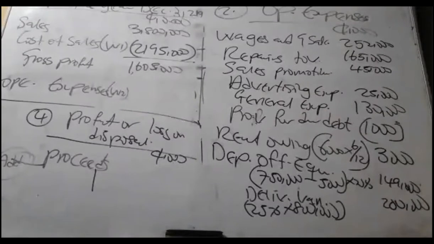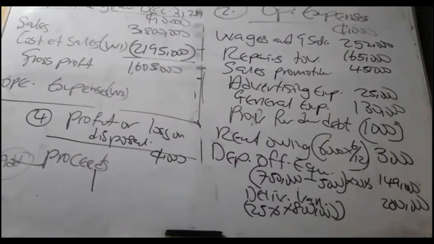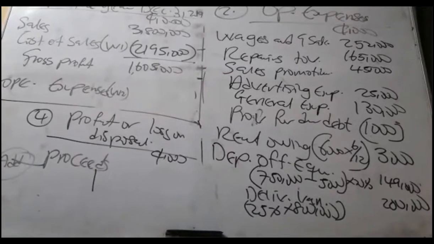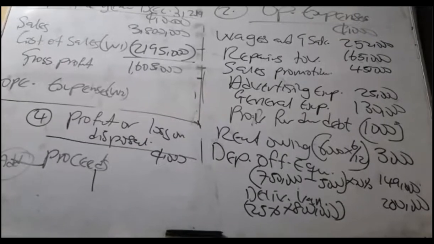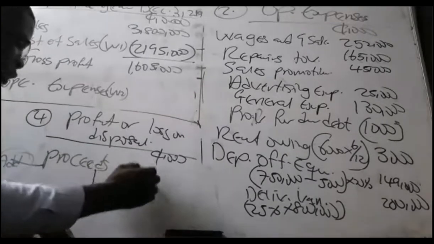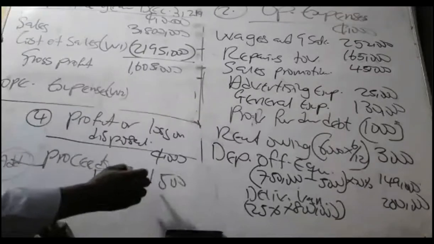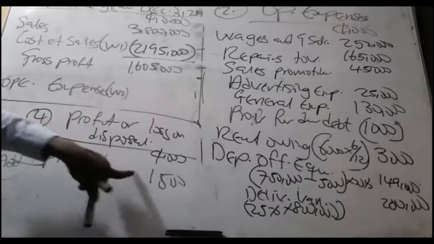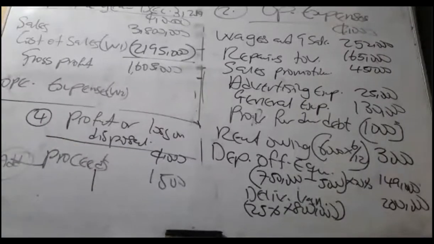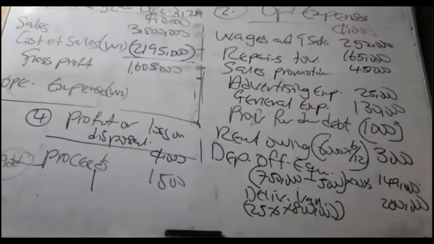Write there cash and go to the trial balance and pick the cash balance and add it to it. So let's pick the proceeds. So the proceeds is 1.5, so that will be 1,500. So this 1,500, add it to the cash balance. Now let's see this question. The cash balance is what?